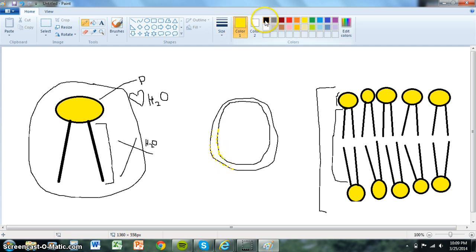And then on the inside of this double layer you've got all the hydrophobic tails lining up, keeping out of the water.